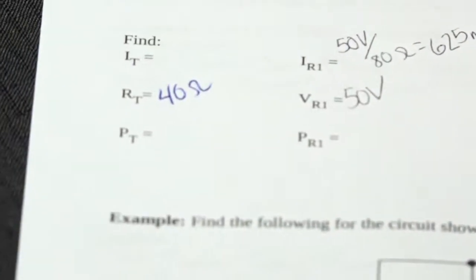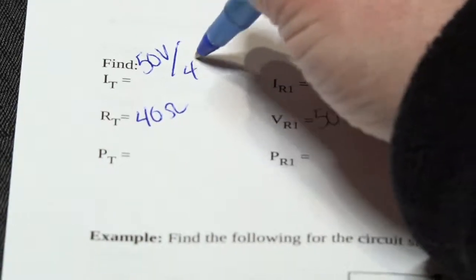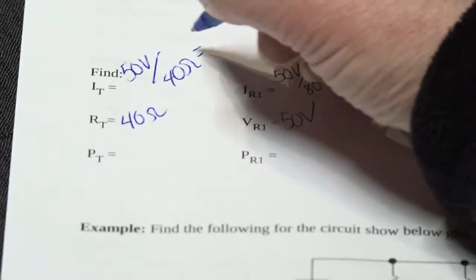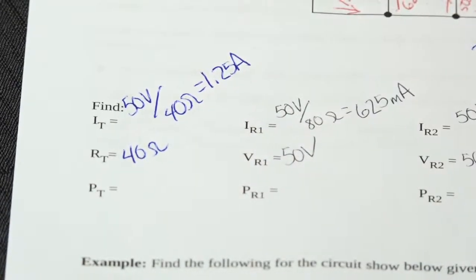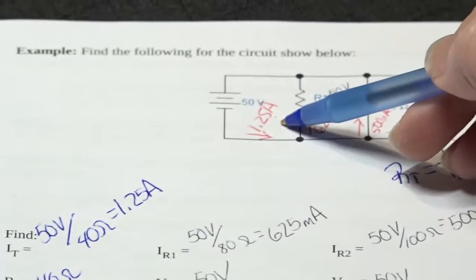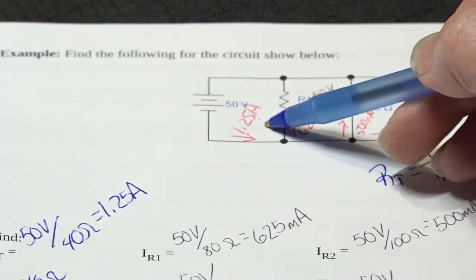So if I take 50 volts divided by 40 ohms, that gives me 1.25 amps, which is exactly the current that we expected.